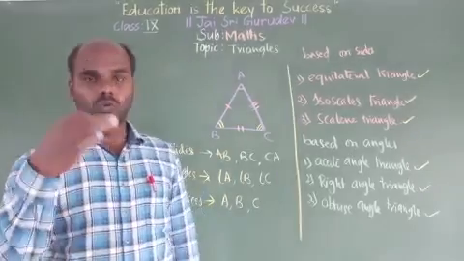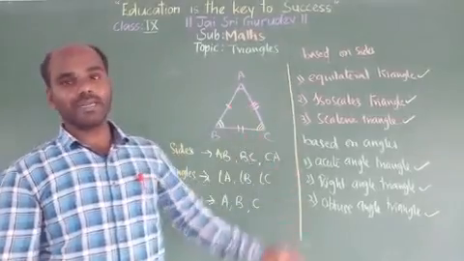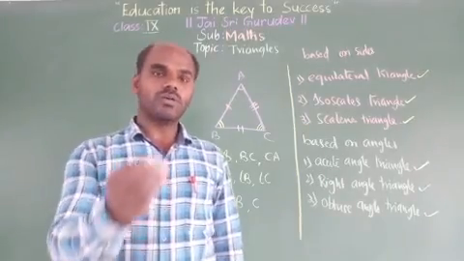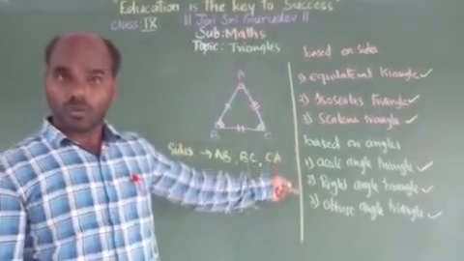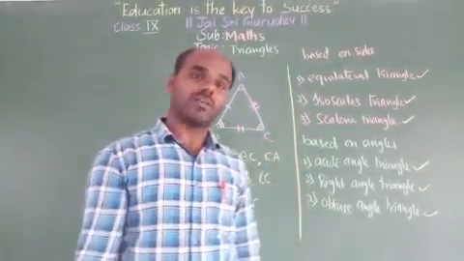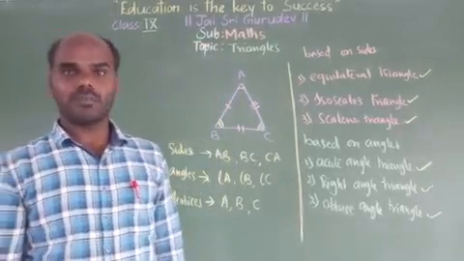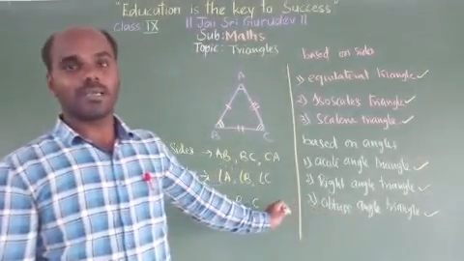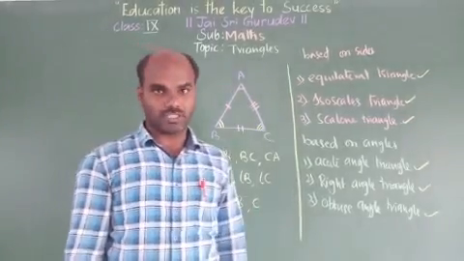To go to the congruency rules, we want to know the triangle basic conditions. Without knowing the basic conditions, we won't understand the similarity or congruency rules. That's why we are discussing the basic points of triangles and their classification.